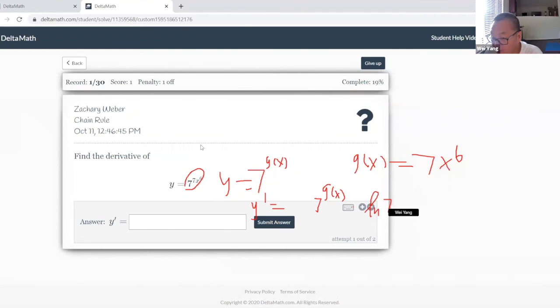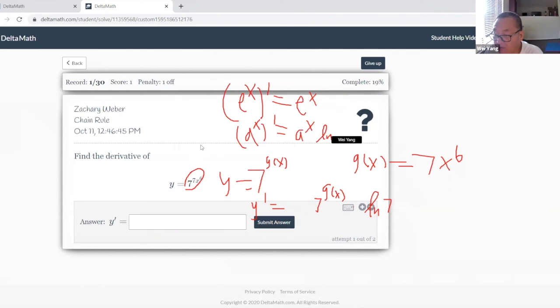Log 7, because this one is not e. If it's e, then remember e power x, you derivative this one, you just get this one, it is solved, right? But a power x, you need to use this formula, derivative this one give you a power x, then times log a, times ln a, okay?